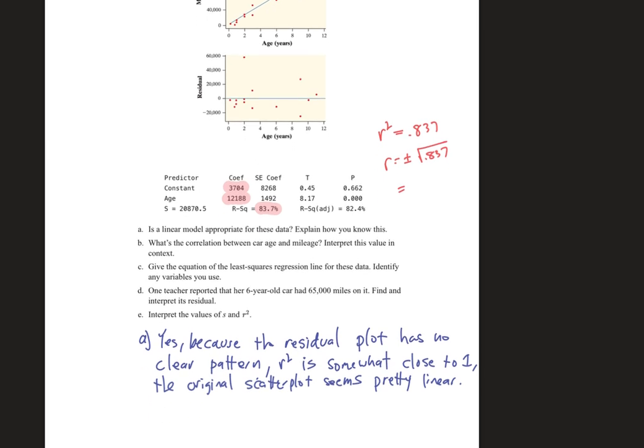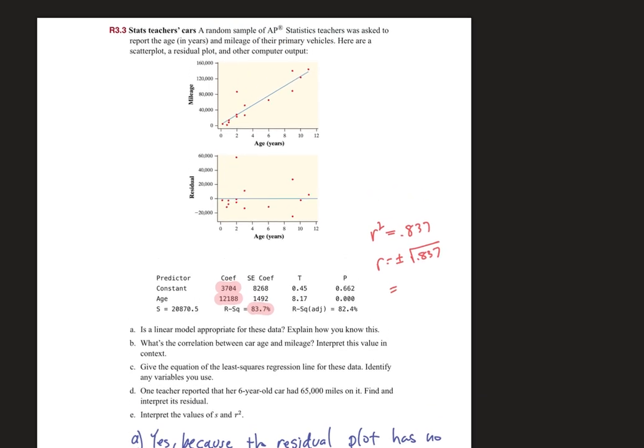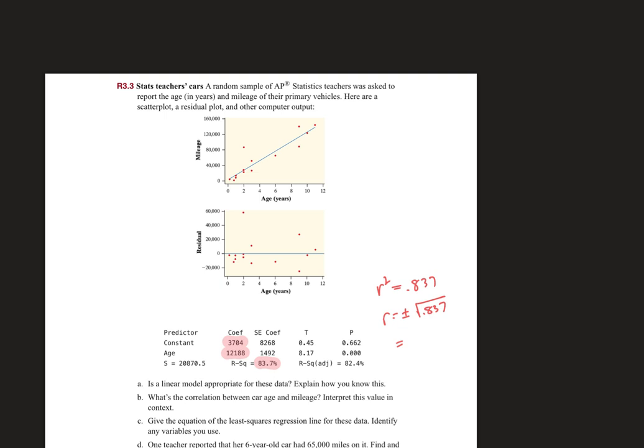You can also see the slope in the computer readout is positive, and whatever the slope is, positive or negative, the r is the same, positive or negative. Also, we can think about the association from context. This is relating age and mileage. This is going to be a positively correlated association, right? When age goes up, mileage has to go up. There's no way age goes up and mileage goes down.